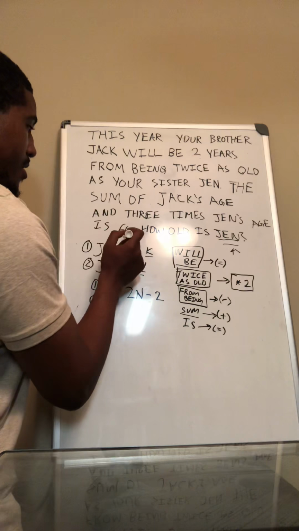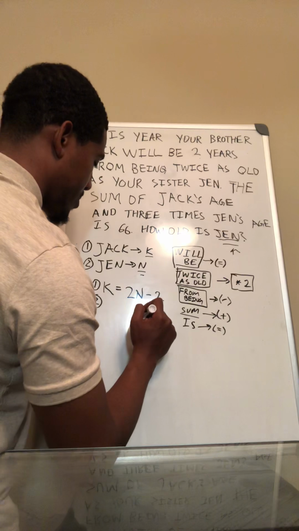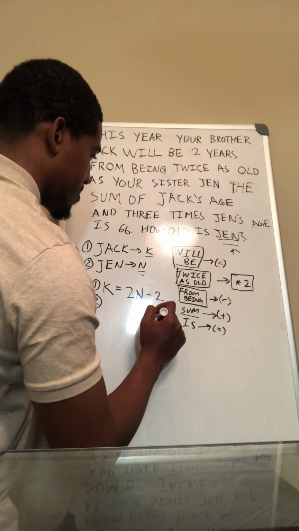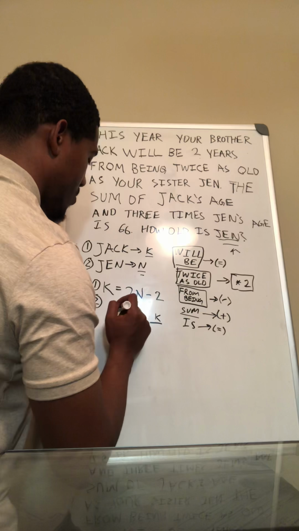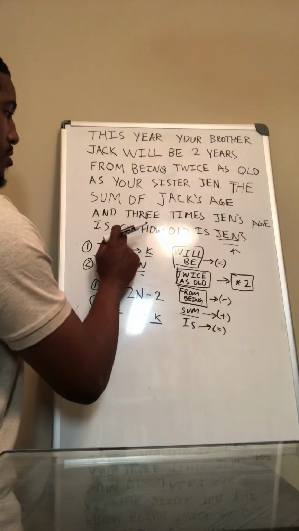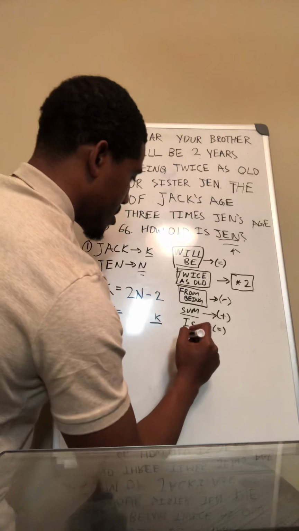So you know that the sum of their ages, so you have a plus, Jack's age, which is K. You have an equal sign, which is 66, based on your problem. 3 times Jen's age.